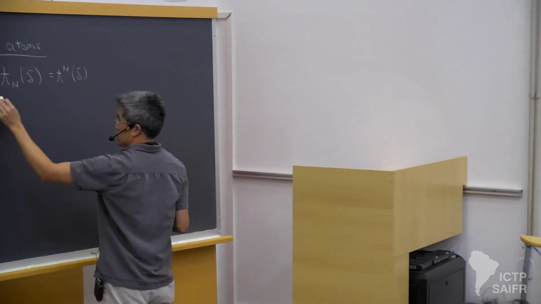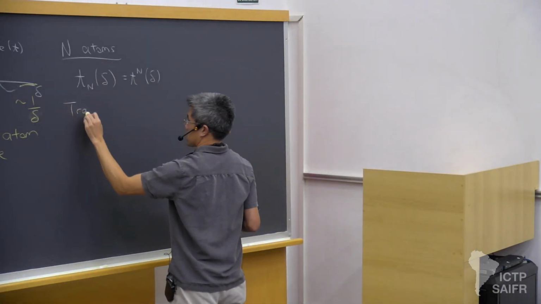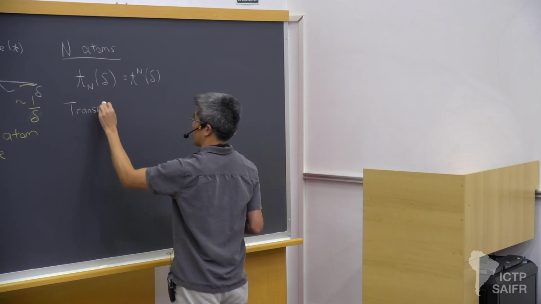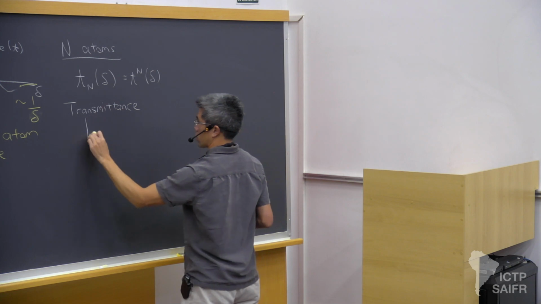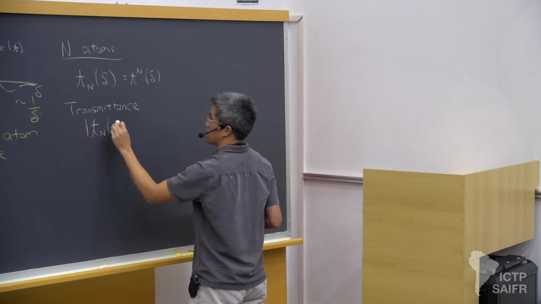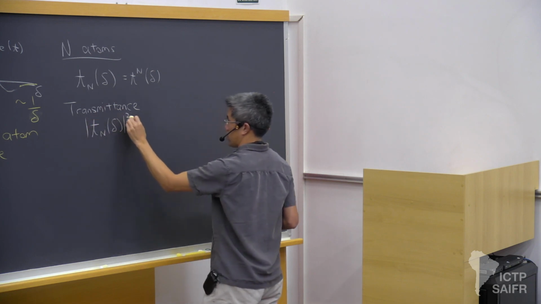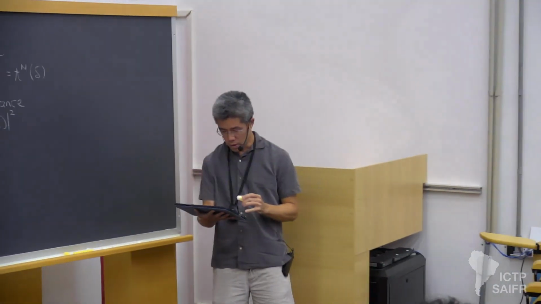Then what I can also look at is the transmittance. What's the fraction of energy that's transmitted through an n-atom system? That's the complex transmission coefficient squared.